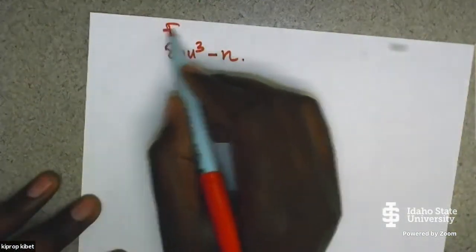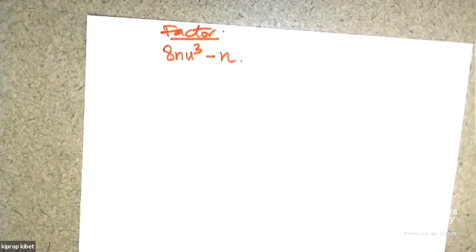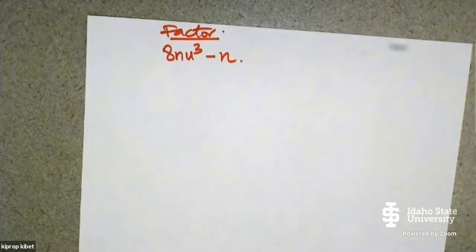Factor this. So what do you do first? You need to factor out the what? There is a common factor, which is what? So you factor out.